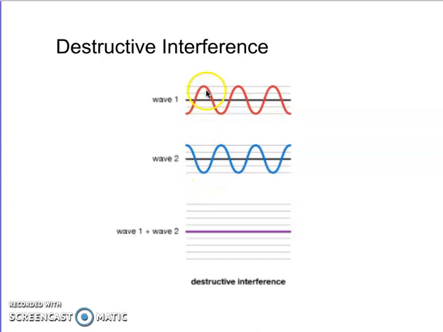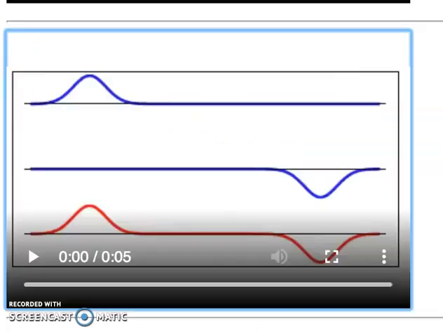And so when you have a crest and a trough in the same place at the same time, those are going to cancel each other out and you end up with a wave with no amplitude at all. So for destructive interference, it's like you're destroying the wave, you're breaking it down, so you're subtracting the amplitude this time. And so we're going to look at this video clip of two waves with destructive interference.